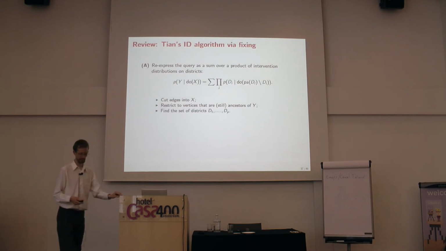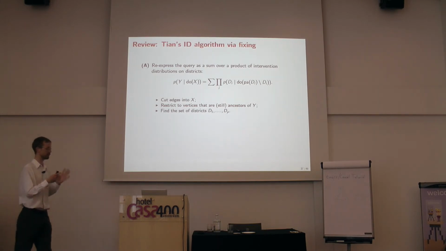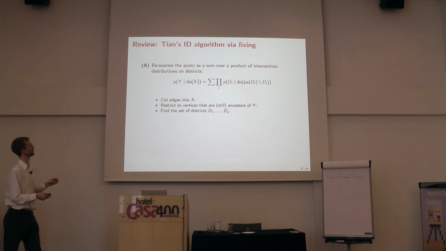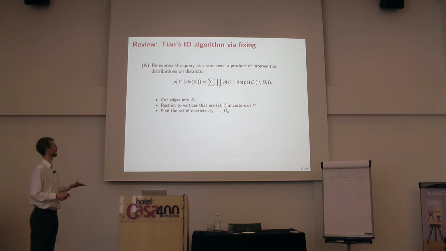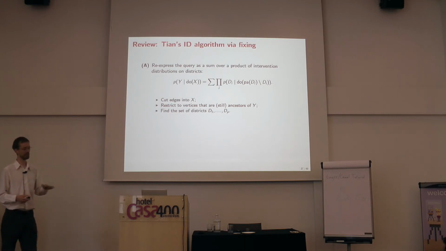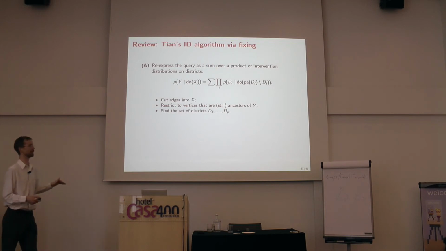So now, just summarizing what we went through, we did two steps. One step was to re-express the query as a sum over a product of intervention distributions on districts in this way. And we found these districts by cutting the edges into X, restricting the vertices that remain, that are still ancestors of Y after we cut the edges into X, and then finding a set of districts in that resulting graph.